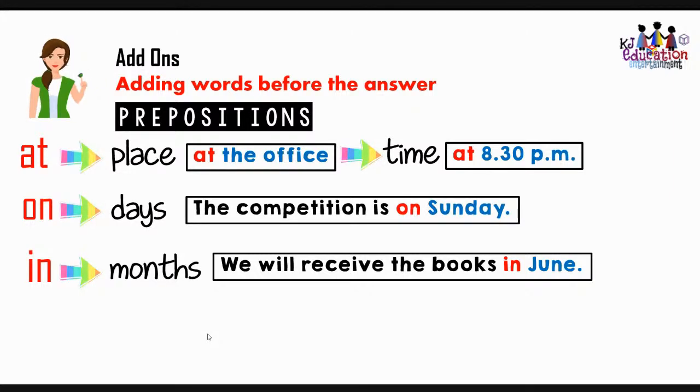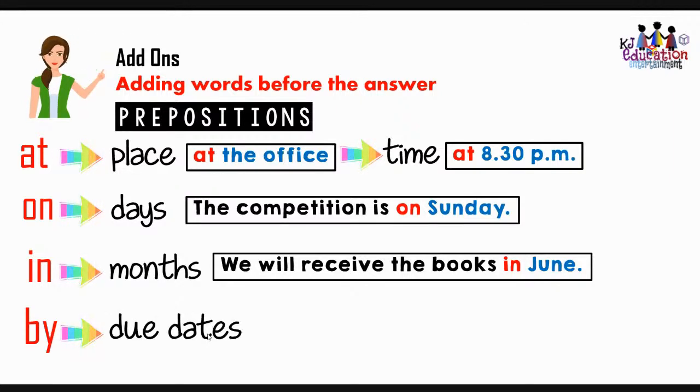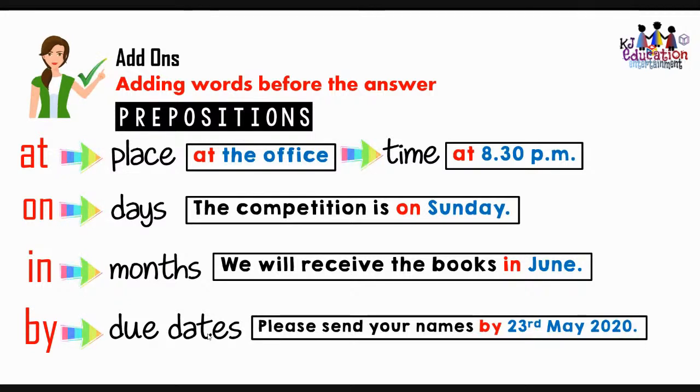The next one is also another common one, by. You use it for due dates. For example, please send your names by 23rd May 2020. So by is commonly used for due dates.